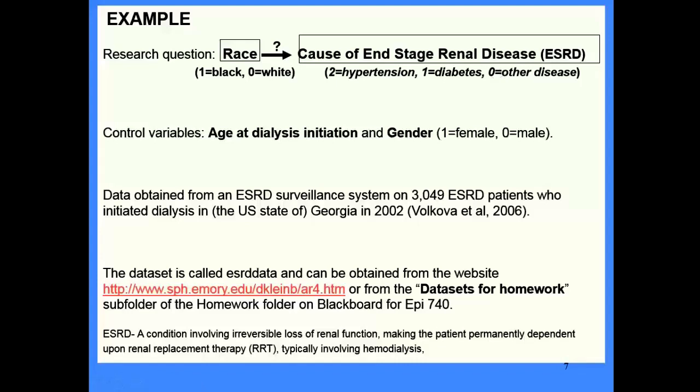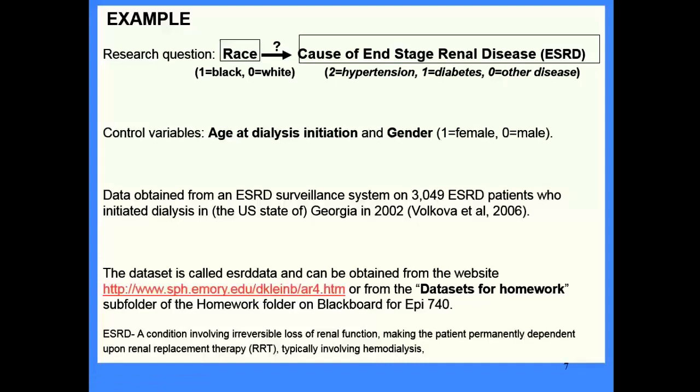The data set is obtained from the website for the 4th edition of the pink book that you had last semester, in the last spring. But that was the 4th edition, not the 5th edition, and the 5th edition website isn't up there. So it turns out that this data set is also provided in the data sets for homework for this course.